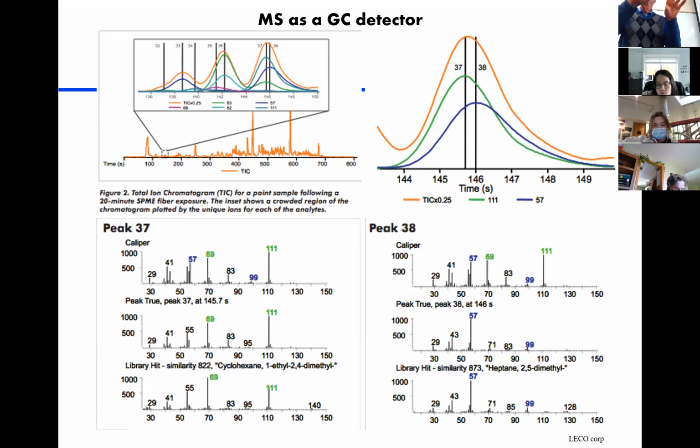And the other fragments fit another compound. So that detector, that mass spectrometer, can separate components that are separated only by nanoseconds that we'll never see in our usual instruments. So it's an extremely powerful tool when we put it into a detection system.